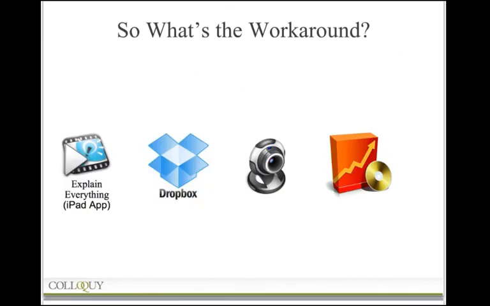So what we found was this app called Explain Everything, an iPad app that you can run on your tablet, and it has a bunch of different features. There's obviously what we've seen with the pen. You can change the pen's colors and annotate different things.